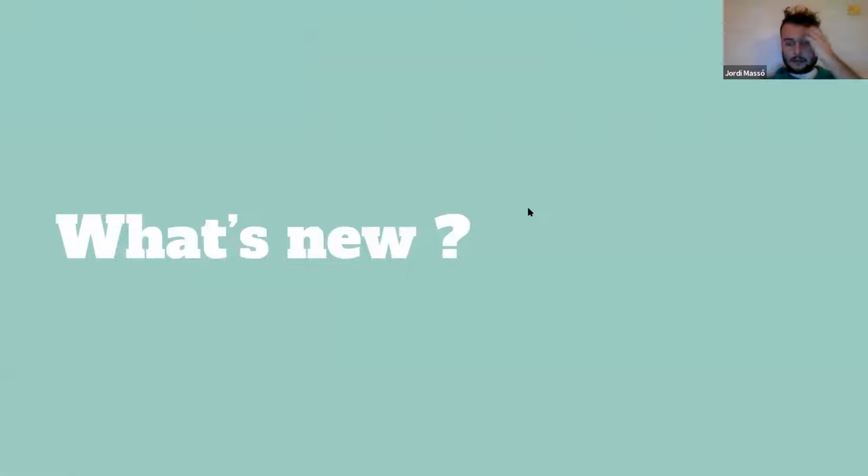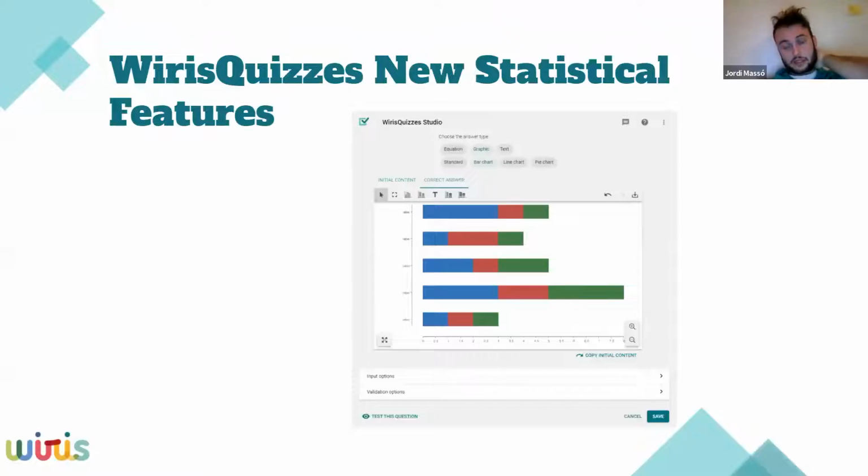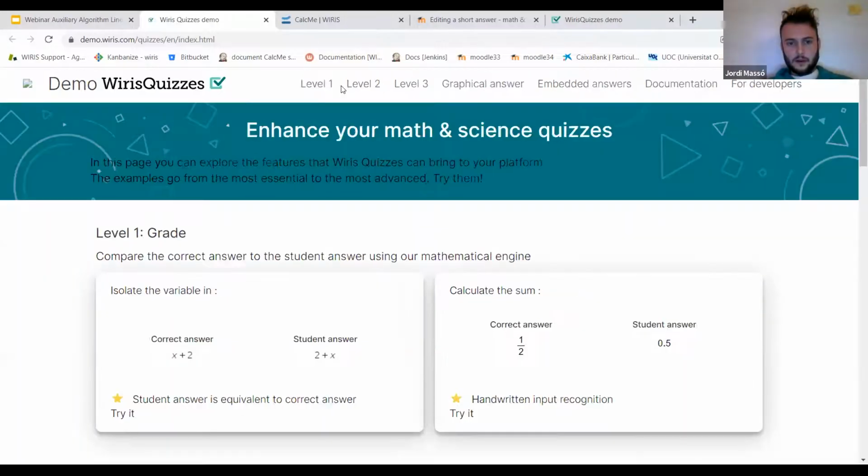And we would also like to use this webinar to talk to you about the new release of WirisQuizzes, WirisQuizzes 4.4, that has introduced the new statistical features. And we will do a specific webinar where we will explain in more detail what it has to offer.